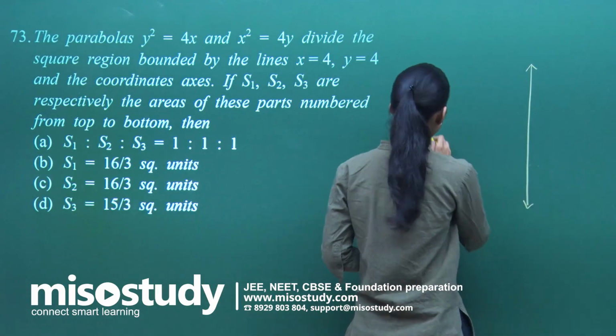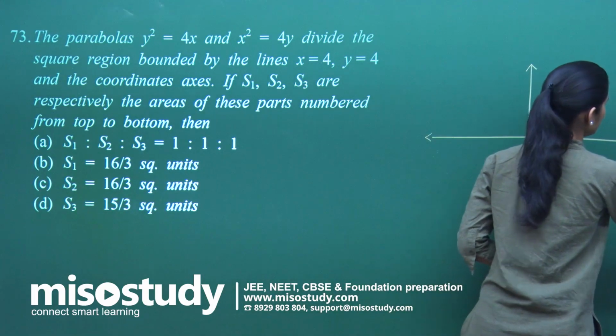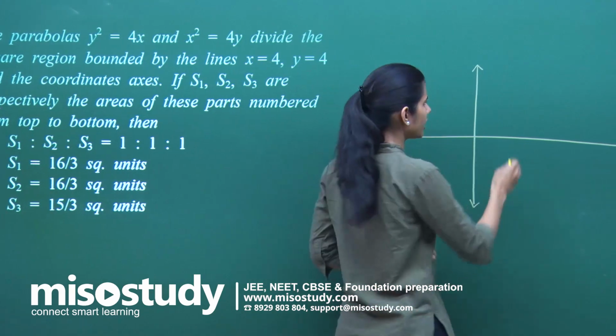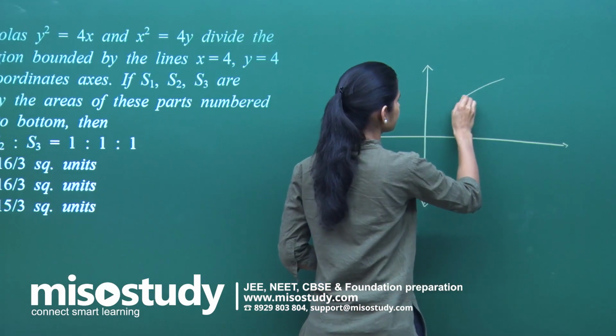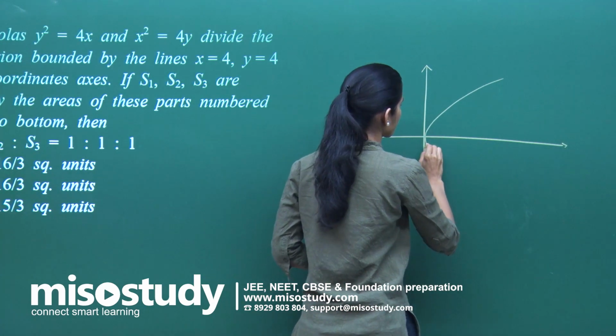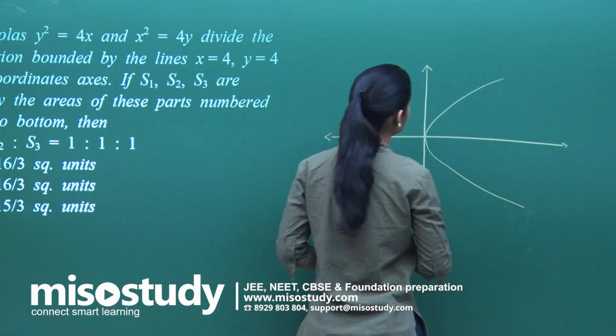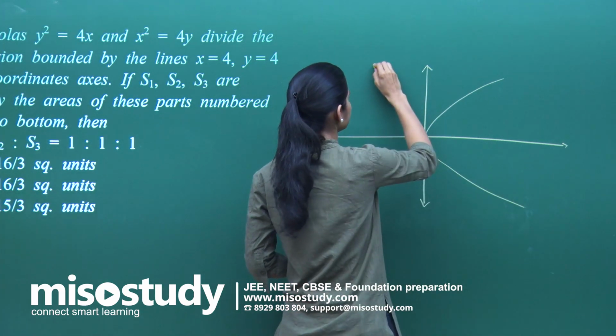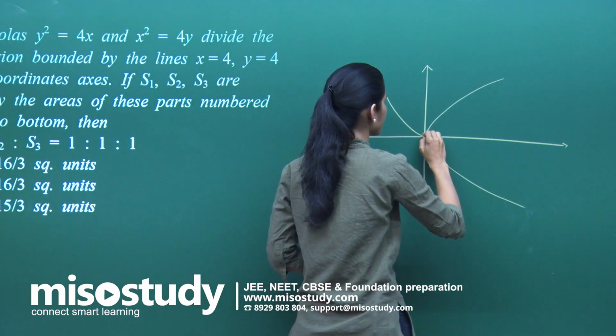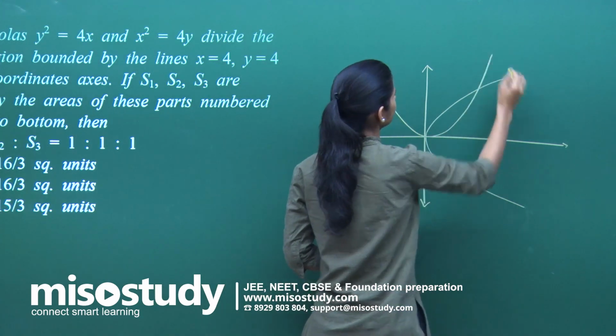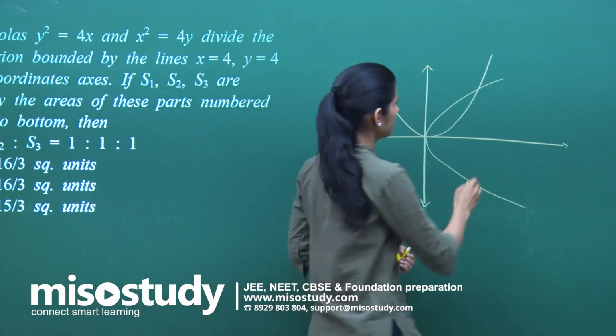So first of all, understand that we have two parabolas. One is y square equals 4x. Other is x square equals 4y. Cool?